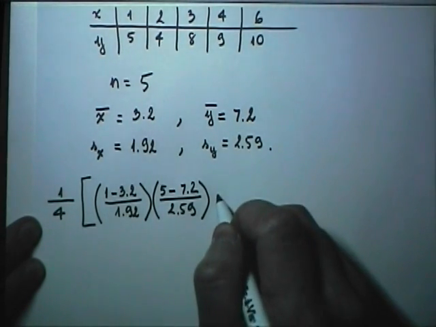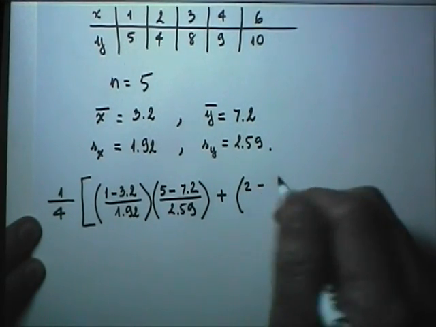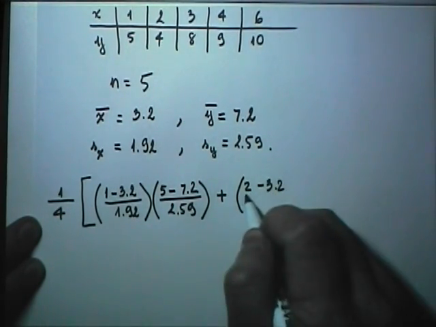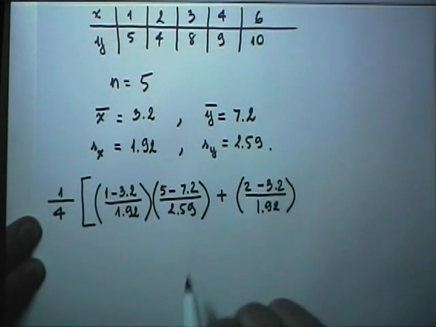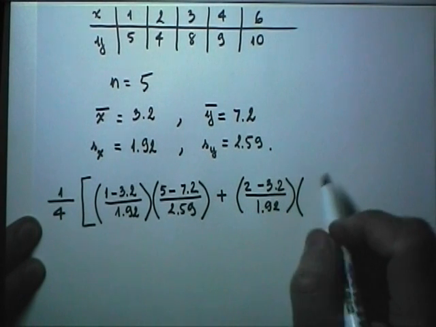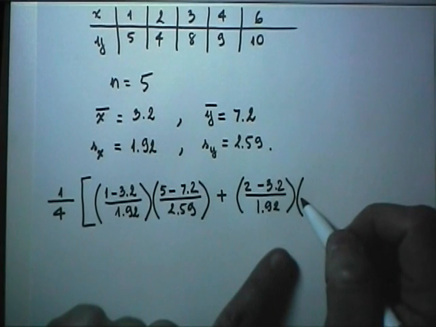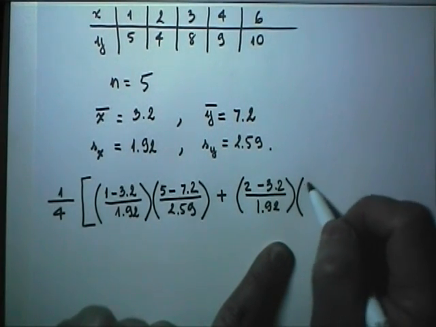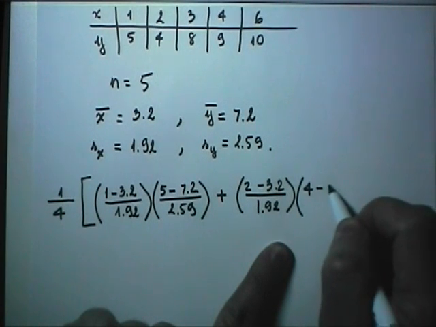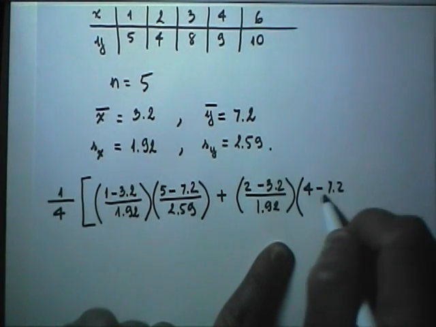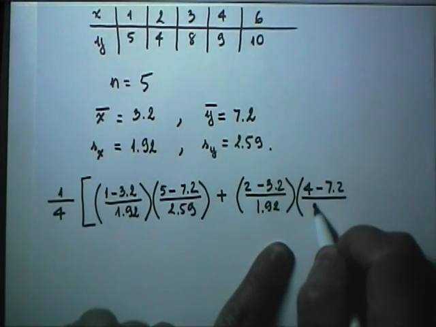Now I'm going to go to my next item. The x here is going to be 2, and I subtract the mean value, 3.2, divided by the standard deviation, 1.92. And then times the y value for my second data point, which is 4, minus 7.2, which is just the mean value, divided by 2.59.